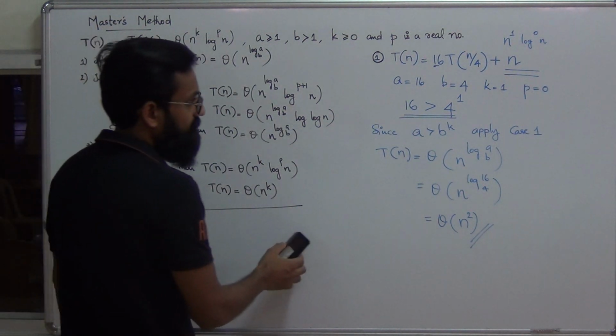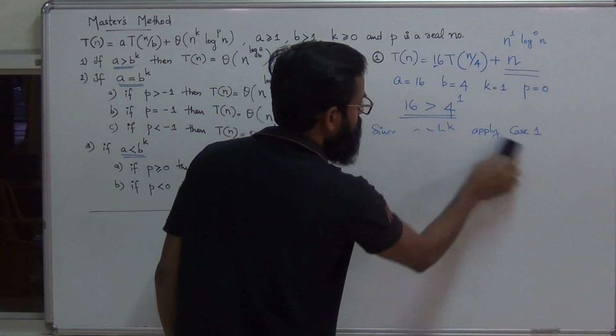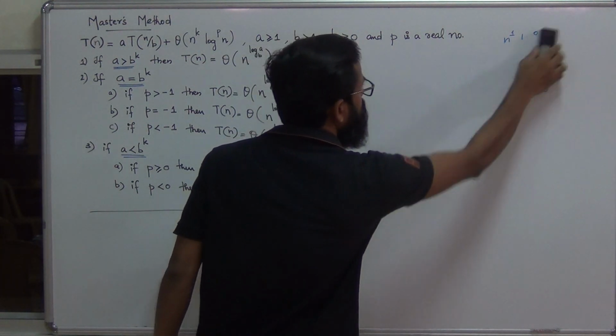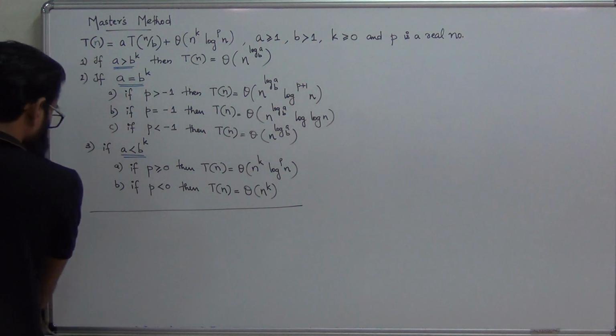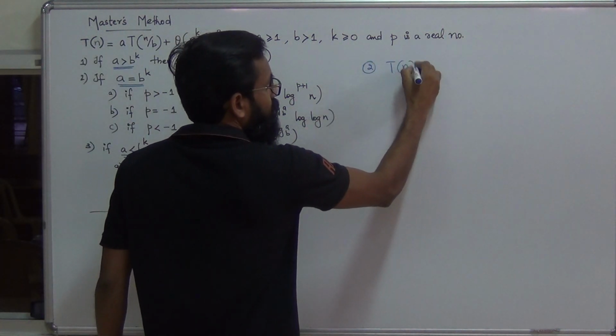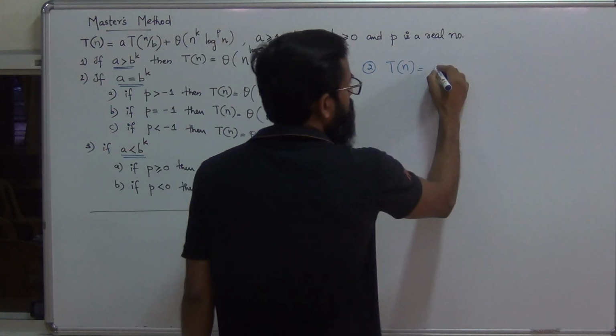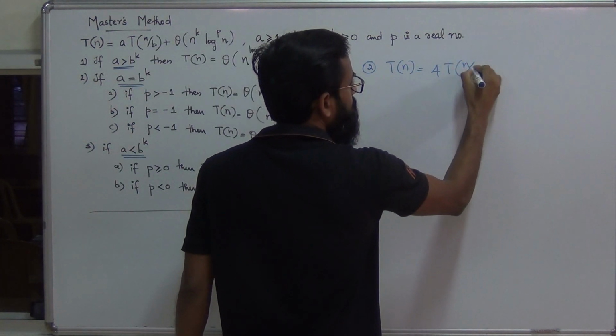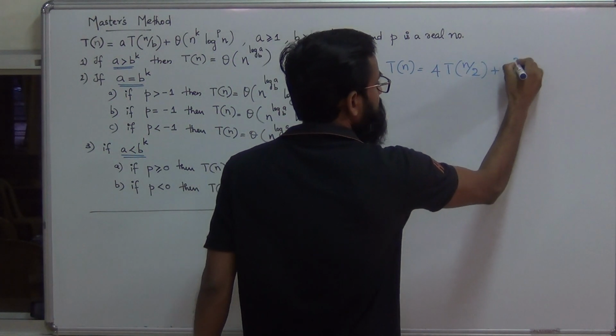Now let us consider another example. T(n) is equal to 4T(n/2) + n^2.